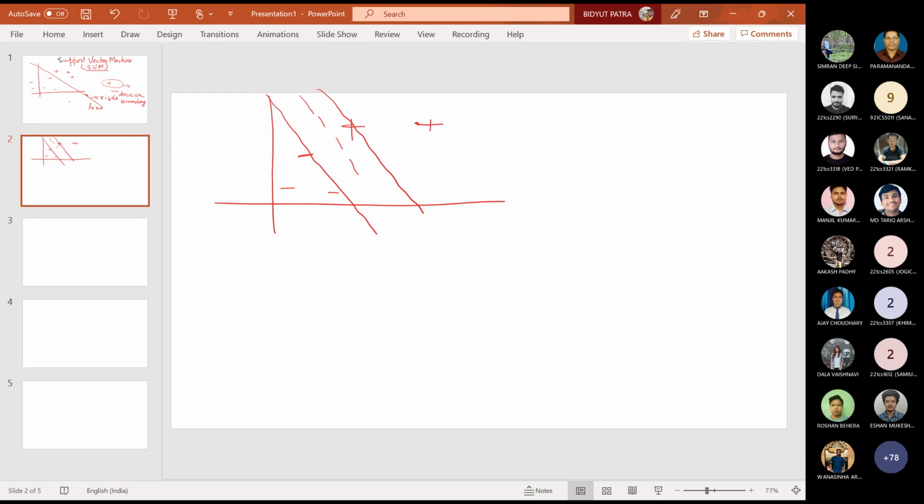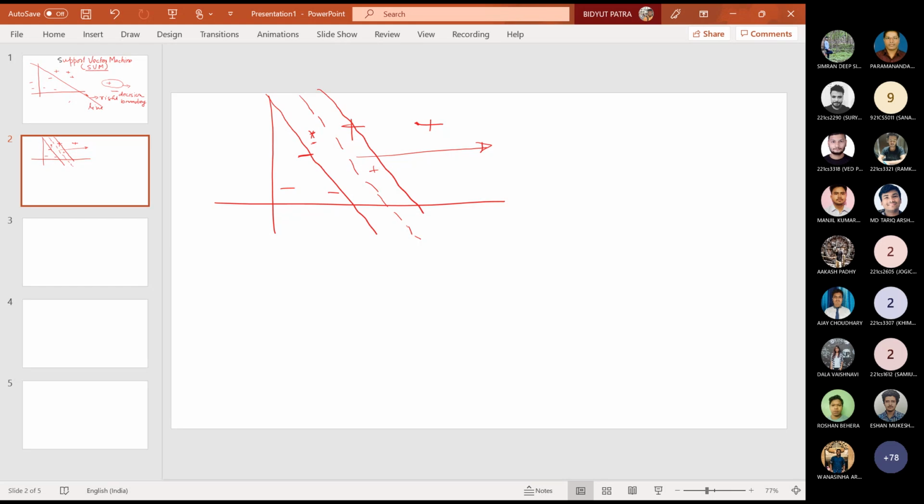So this is the line that we want to find. If any point is somewhere on this side, we'll say it is a negative example, and if it is somewhere above this line, then we'll say it is a positive sample.